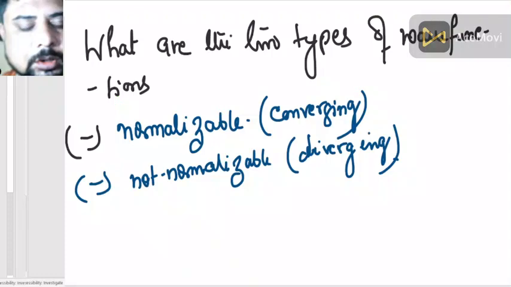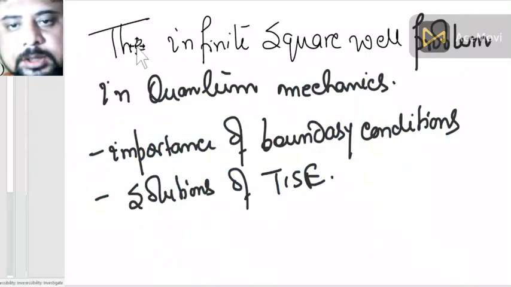So we will start the next section, a new section in the quantum mechanics lecture series. In this section we will see the application of the time independent Schrodinger equation. From that analysis, we will understand the importance of boundary conditions on the solution of the time independent Schrodinger equation.